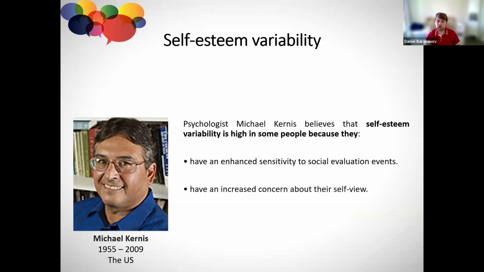Those people also have increased concern about their self-view, so they're much more critical towards themselves, and they're concerned about being good people in a broad sense. They're overly reliant on social sources of evaluation. So basically, they trust other people's opinions more than their own, which obviously makes their self-esteem more vulnerable and causes more variability.